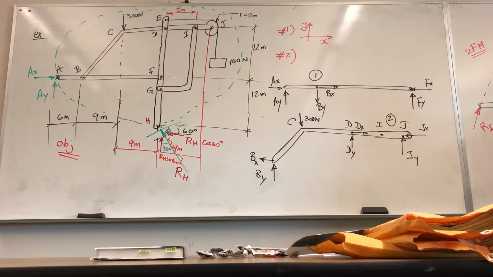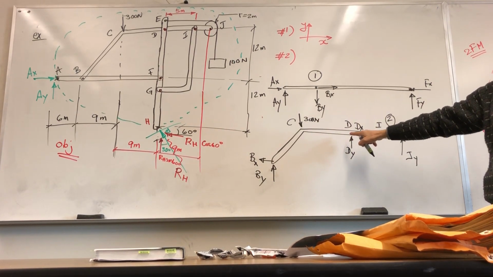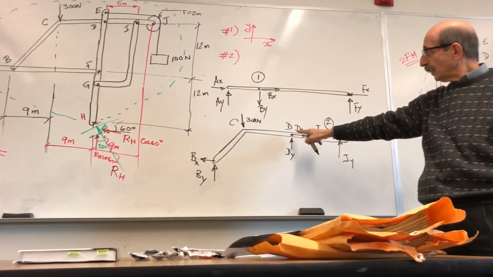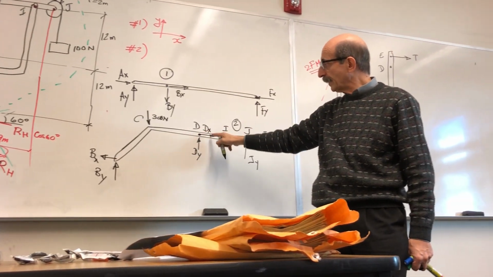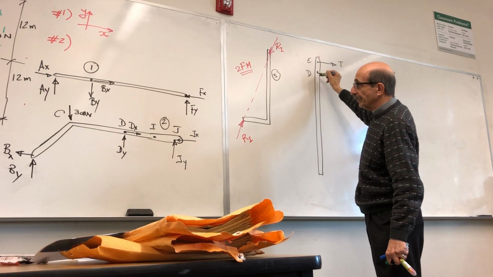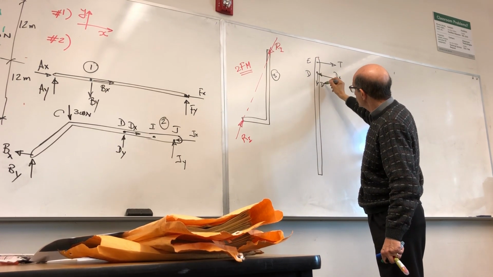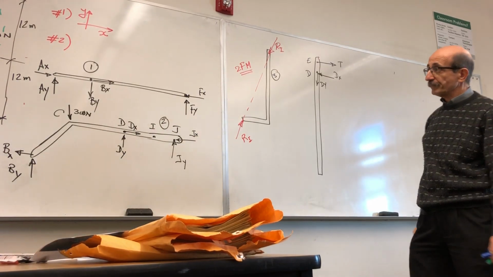I'm sorry, at D, I already had D somewhere else here. On this member, I assumed forces at D on this member act in this direction, so on this member, you have to make the assumption that they act in the opposite direction.